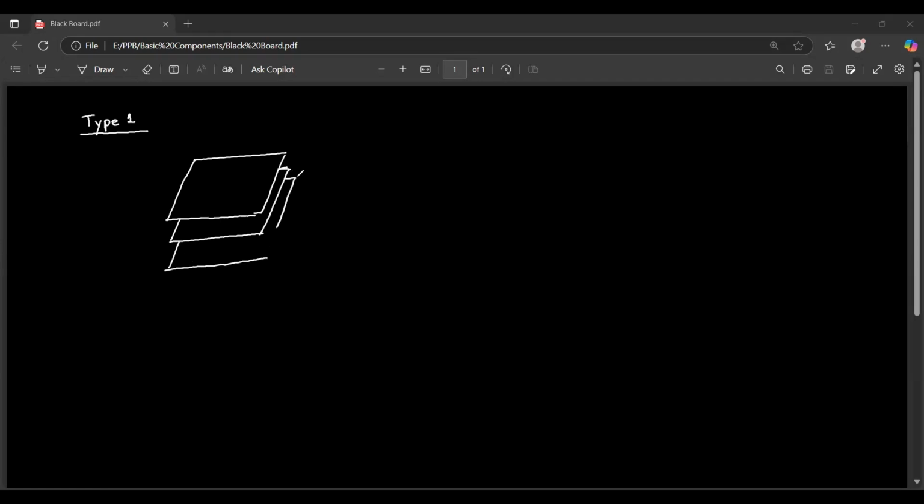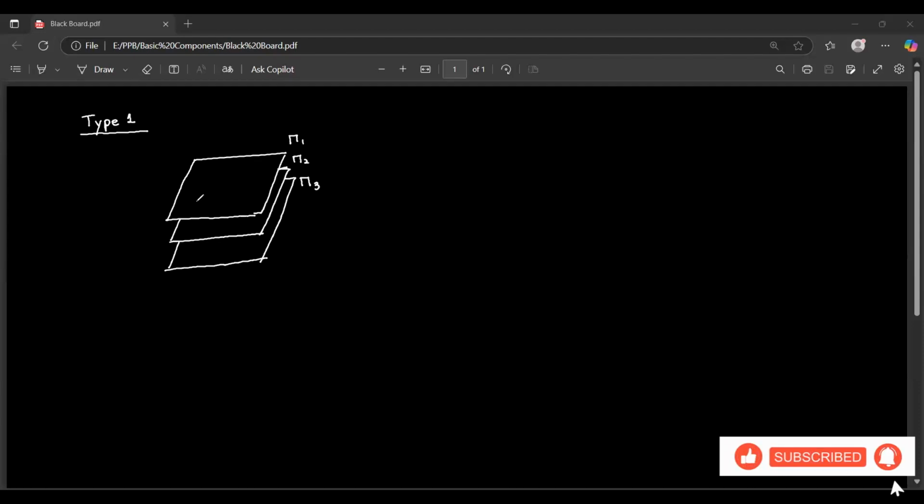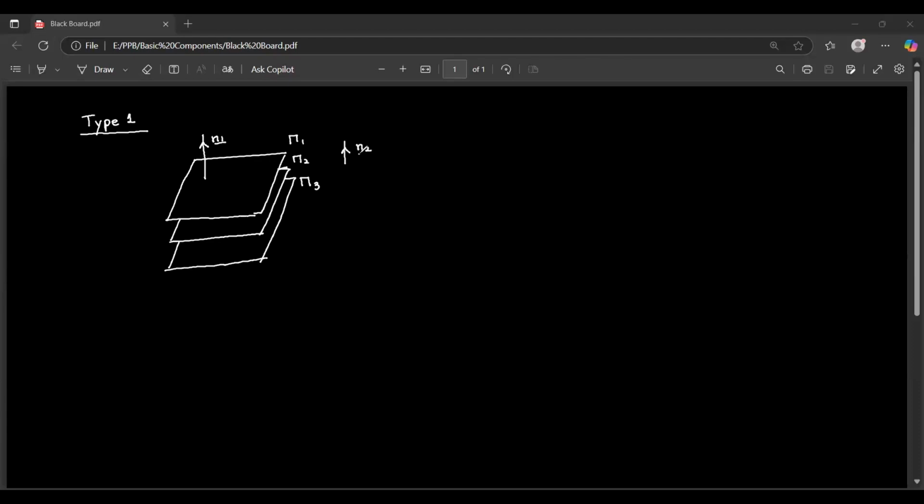Good question. How do we prove that? Well, let's say we have pi 1, pi 2 and pi 3. These are the three planes. These three planes can have multiple normal vectors. Let's say pi 1 has n1 and pi 2 has n2 as a perpendicular vector, and pi 3 has n3 as the perpendicular vector.